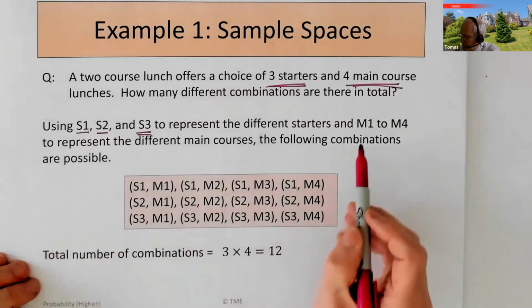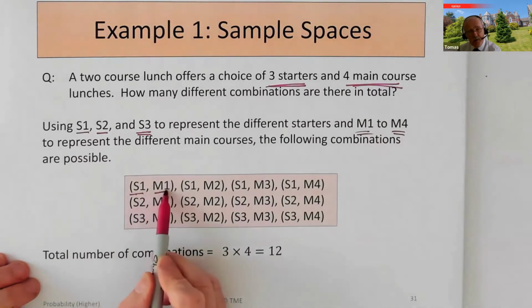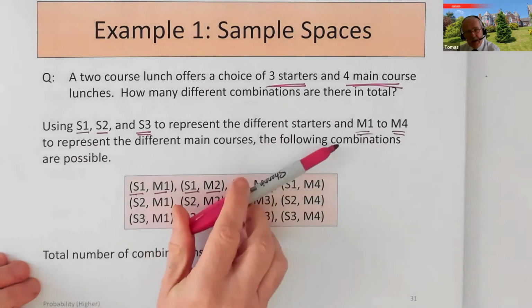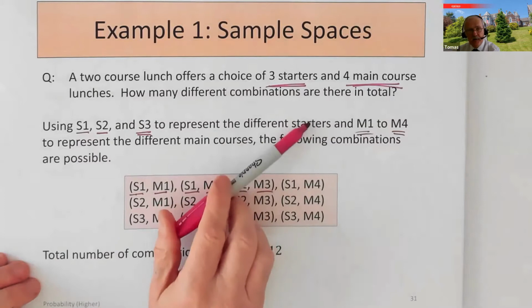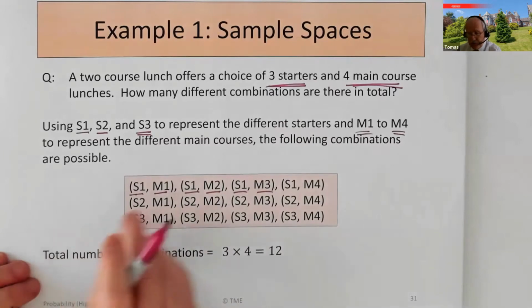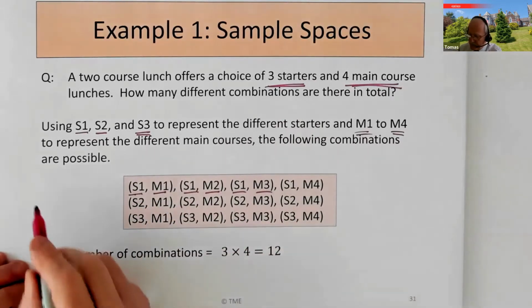And for the main courses, you could have M1 to M4. So you could have starter 1 and main 1, starter 1 and main 2, and there's no reason why you couldn't pick any main with any starter. There's no distinction there. So given that they're independent in that way, you don't have to have fish in both, or meat in both, or vegetarian in both, or whatever.